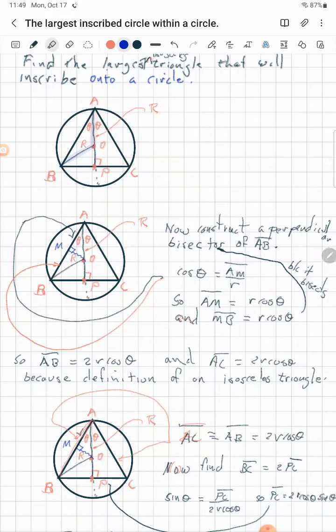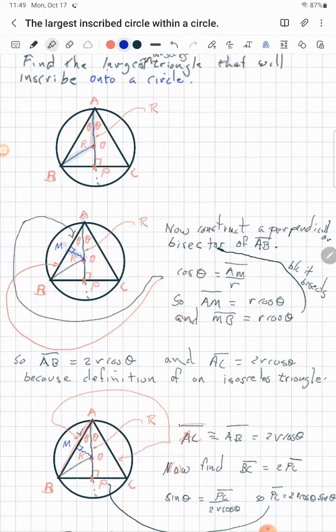And then what you're going to do is construct something that goes from here to here. Do you see it? It's another perpendicular bisector, and it's a 90-degree corner, right? So now we see that it bisects this so that AM and MB are congruent.